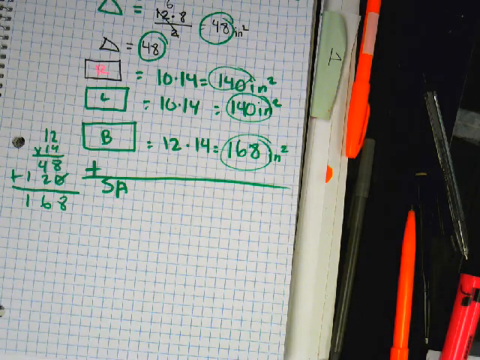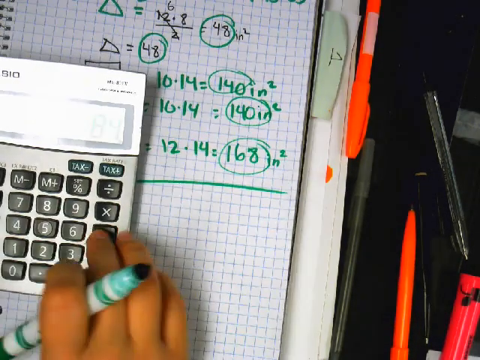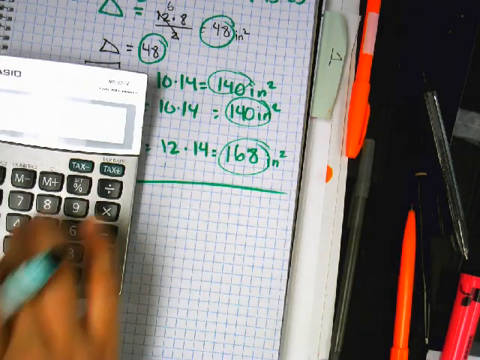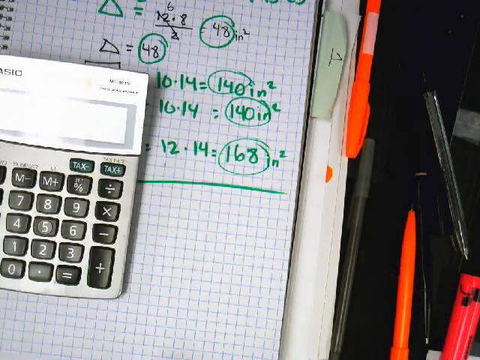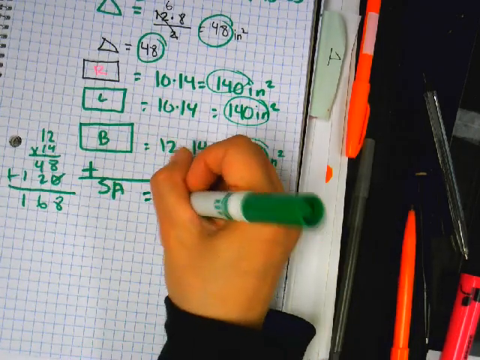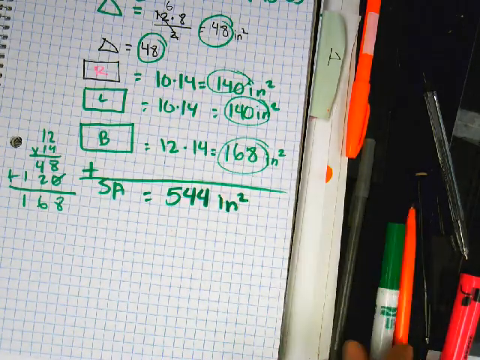The calculator got 544. 96 plus 280 plus 168 is 544. I was 2 off. 544 inches squared.